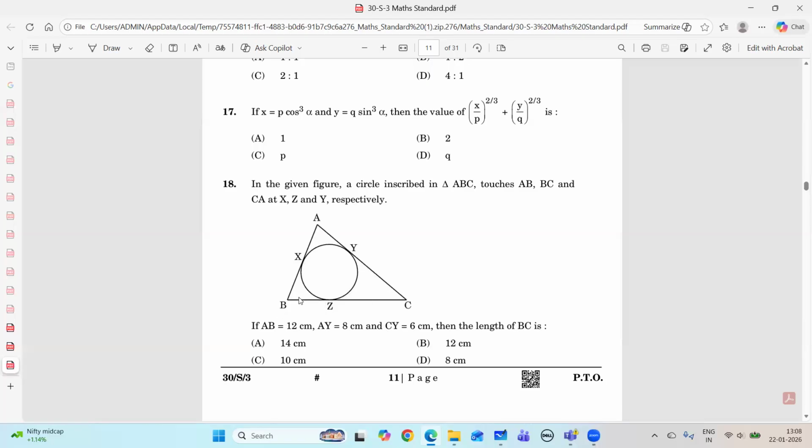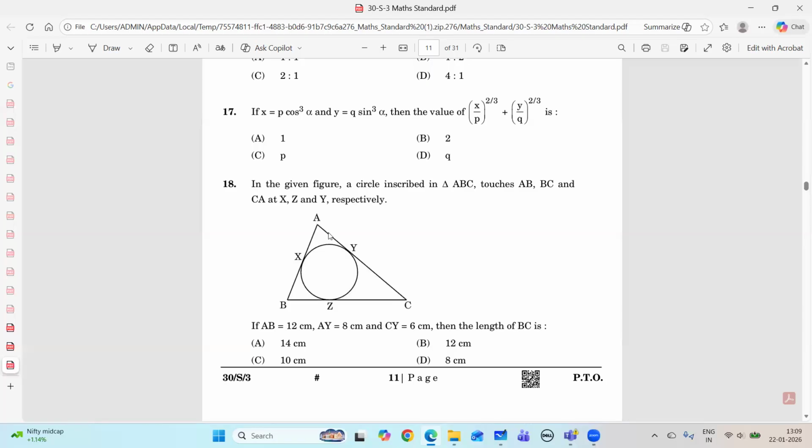How can we find it? If we know BZ and CZ, we can add them to get BC. What is BZ? BZ and BX are tangents from the same external point B to the same circle. Therefore, these two will be of equal length. BX will be BZ. And AB is 12 units.